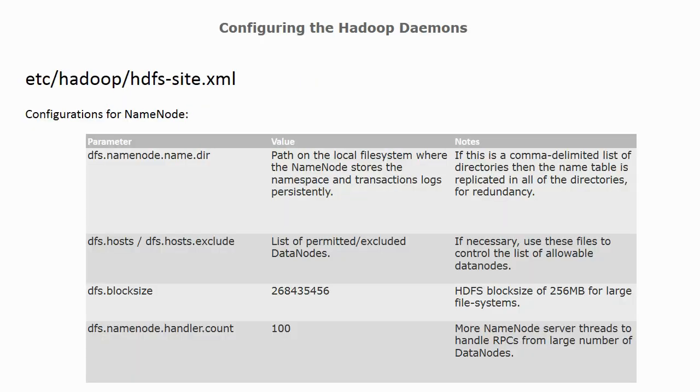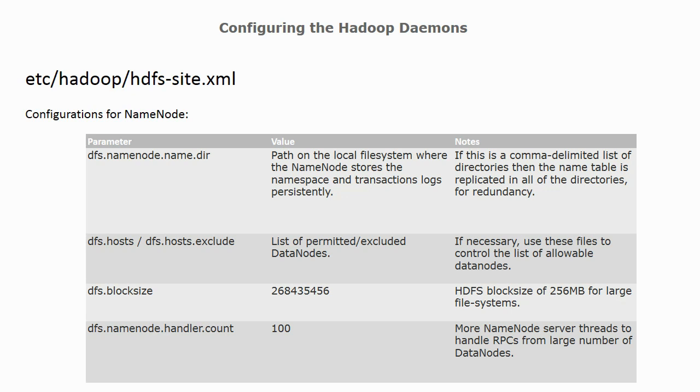Now, the details of the name node that we talked about are all in this configuration file. Okay, so here is the block size, 256 MB. So you can set this. It can be either 256 MB or 128 or whatever you choose.